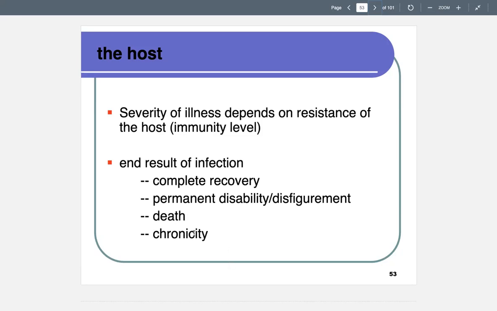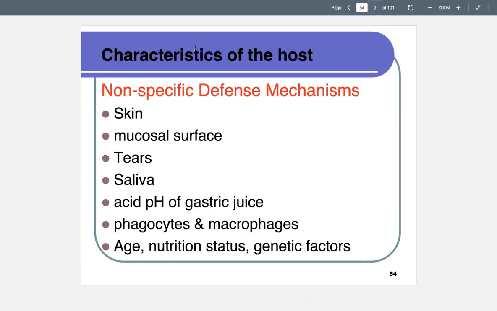Okay, or pagiging naging chronic na yung disease. Basta tandaan, in the host class, yung severity ng illness, nakadepende po yan sa immunity level or sa immune system. Okay? So these are the characteristics of the host. Okay? As we all know, meron tayong mga non-specific defense mechanism, no, such as the skin.